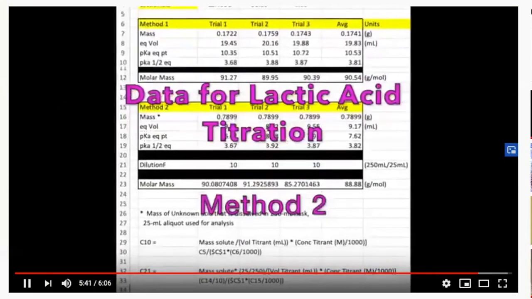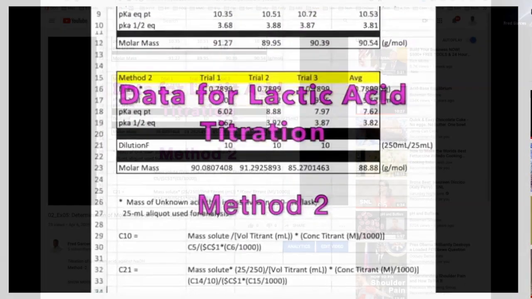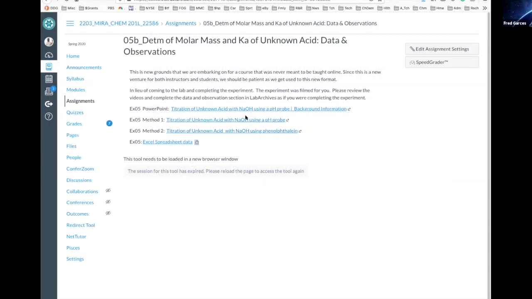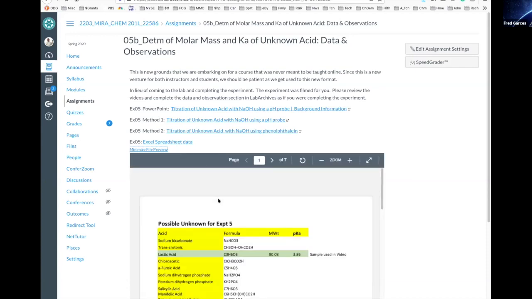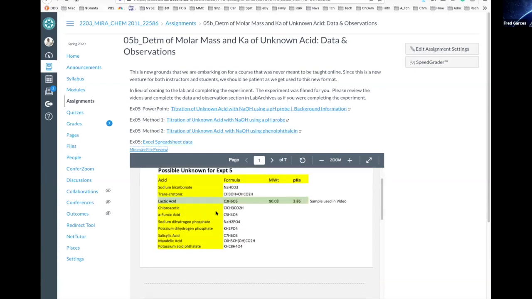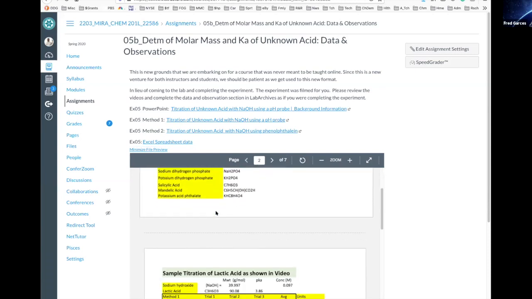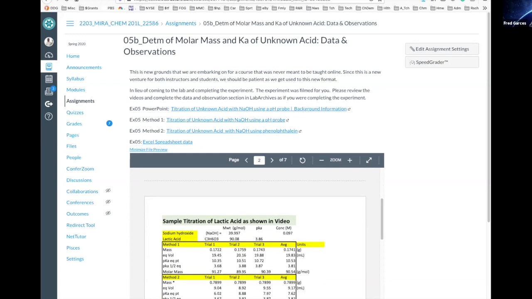So let me go ahead and go back here. These are the three multimedias. Click on this little icon. You can download this file, of course, but this is the data of what's been collected. This is a list of the unknown. This is the data for the lactic acid, and it shows you the calculation.